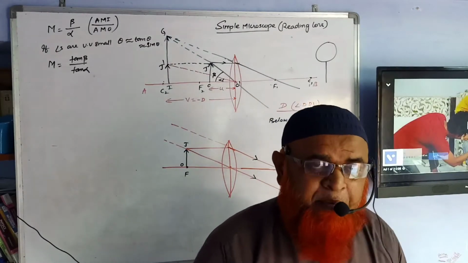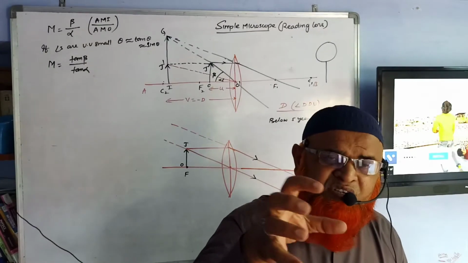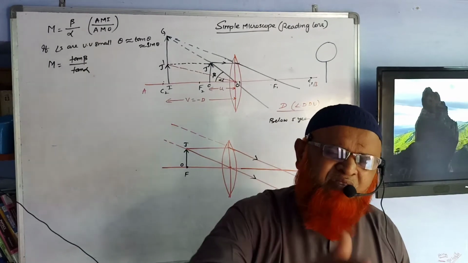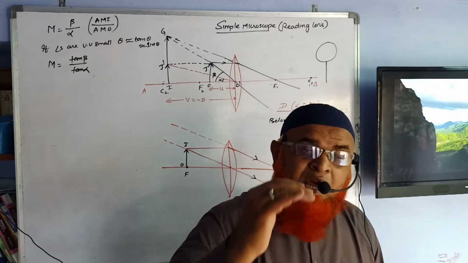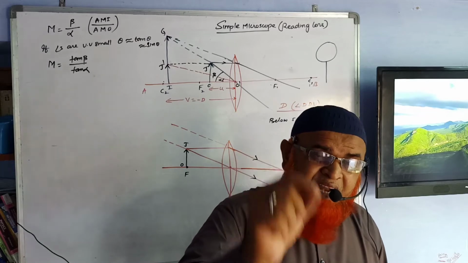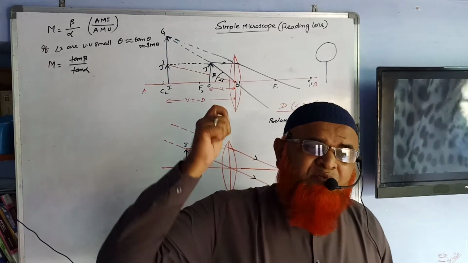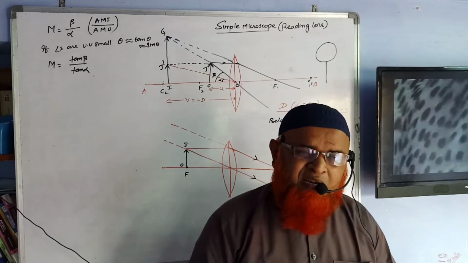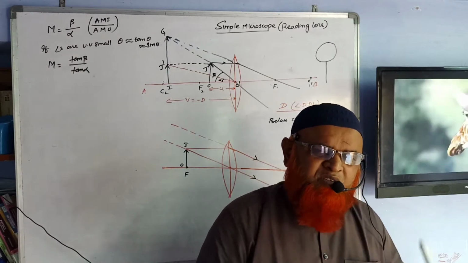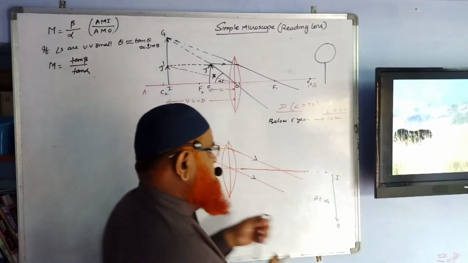Means if an object is kept exactly at 10 centimeters, it is the clearest vision for him. He can see the object very clearly, not beyond or before 10 centimeters, but exactly at 10 centimeters. That is called the least distance of distinct vision.